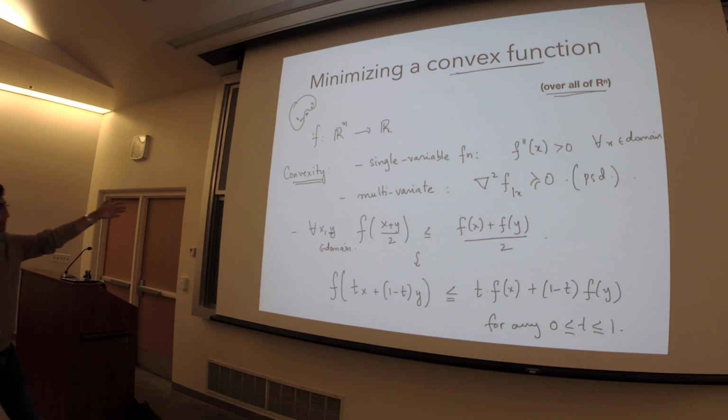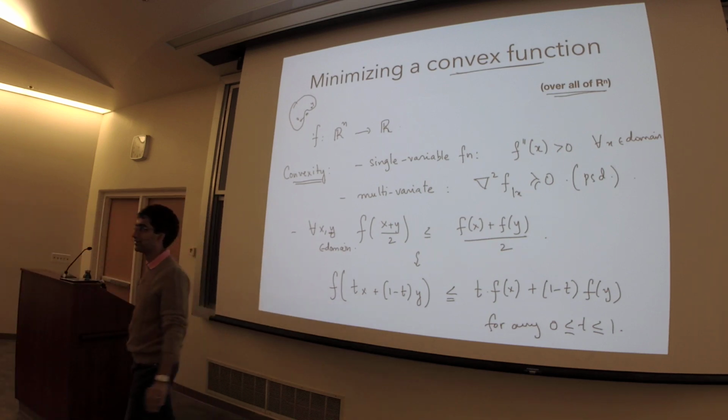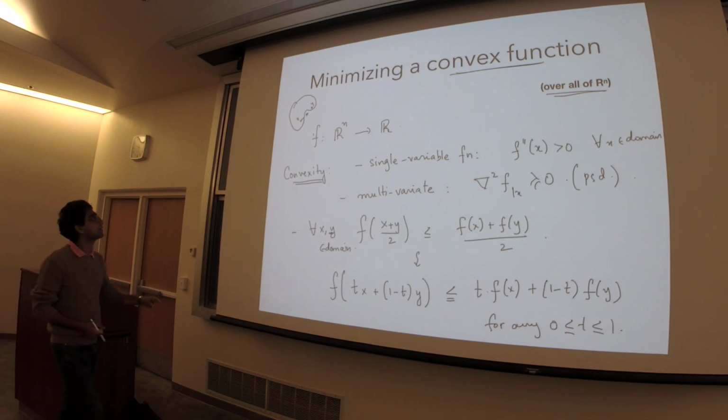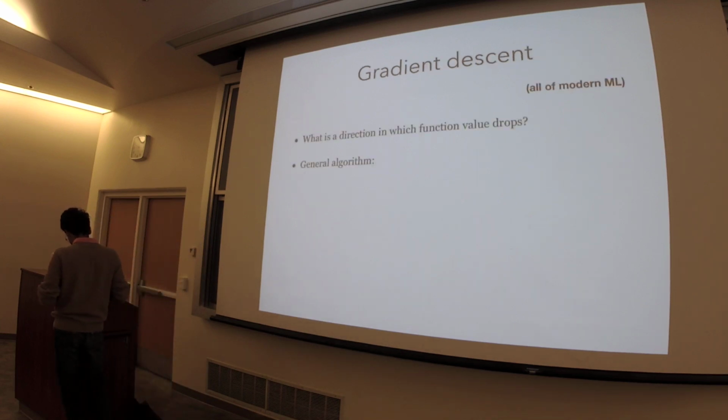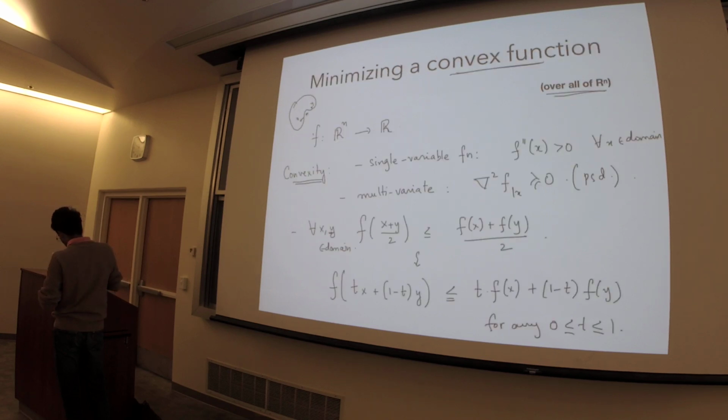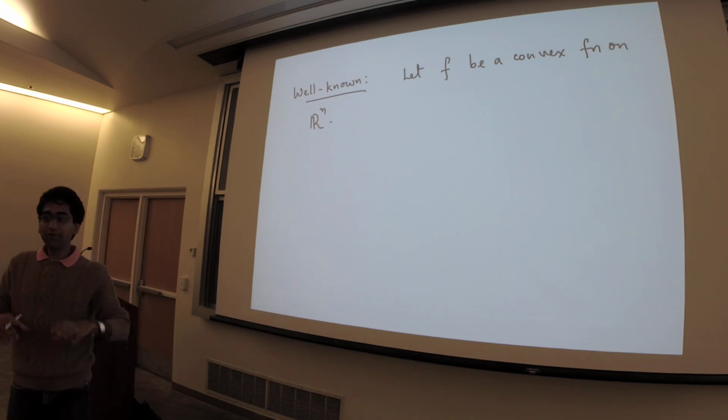Alright, so any questions on the definition? All I've done is define convexity. So one of the standard results is that for a convex function, okay, I've defined it over all of Rn.